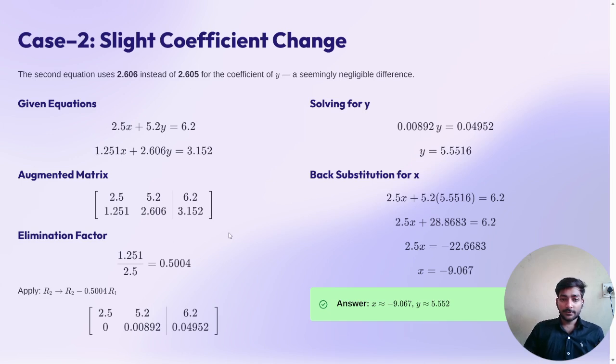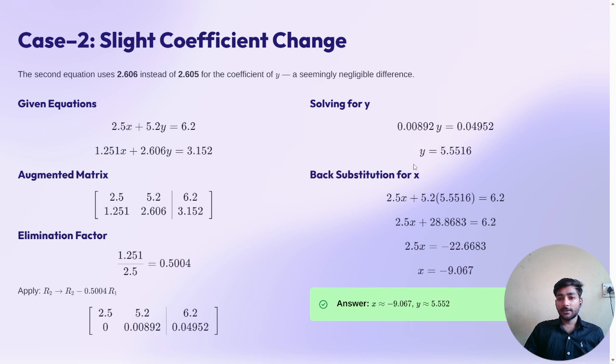Then we find the solution similarly. These are the same values, only the value of q changes. These are the equation forms. When we take the values from the table, this equation will be formed. Then we make the augmented matrix of this, find the elimination factor and apply this operation.